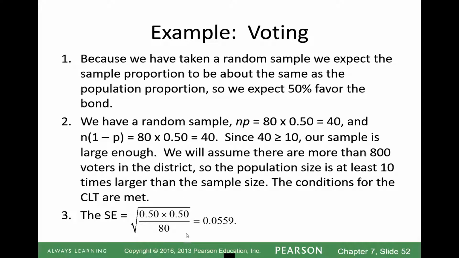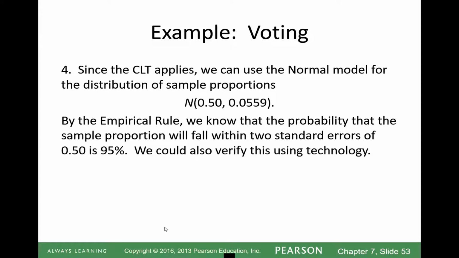So the standard error is the square root of p times 1 minus p divided by n. Since the central limit theorem applies, you can use the normal model, where we're given our mean and a standard deviation.